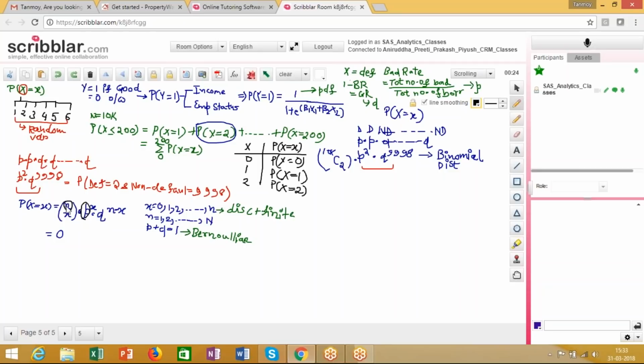Therefore, this n and this p are known as the parameters of the binomial distribution.